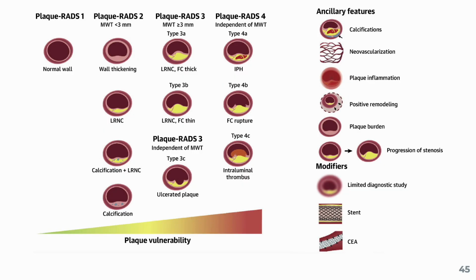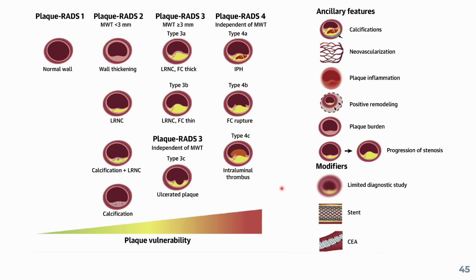Here's a summary of the Plaque RADS scoring system, starting from the left-hand corner, Plaque RADS score of 1, which is normal, and then going to the right, Plaque RADS score of 2 with a maximal wall thickness of less than 3 millimeters. Plaque RADS score 3 is a maximal wall thickness of greater than 3 millimeters, with 3A showing thick fibrous cap, 3B showing thin fibrous cap, and 3C showing an ulcerated plaque.